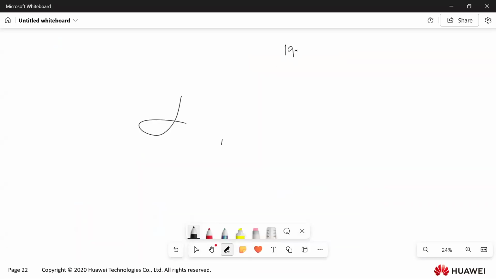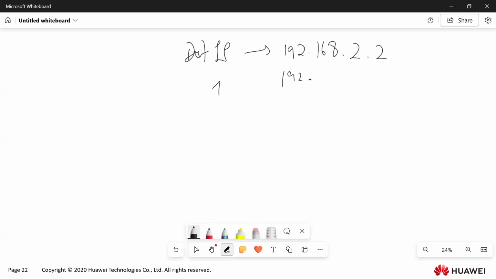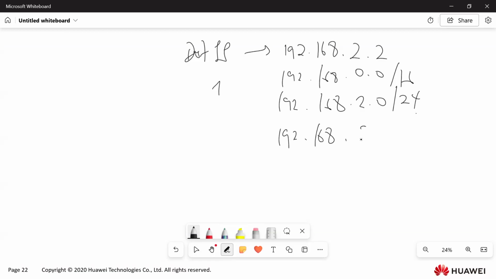All right. The destination IP address here is 192.168.2.2. So this is our destination IP. Then my entries: entry number 1 is 192.168.0.0/16, then we have 192.168.2.0/24, then we have 192.168.3.0/24.